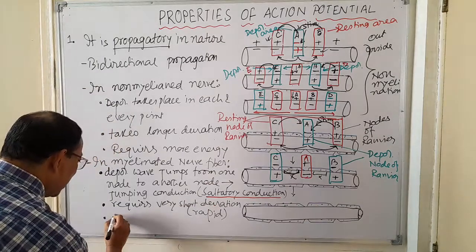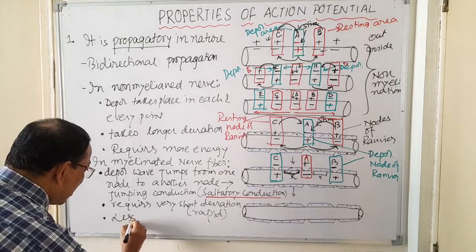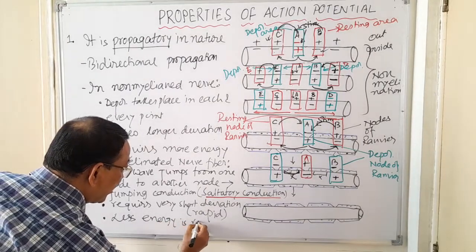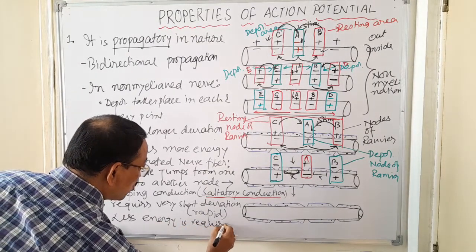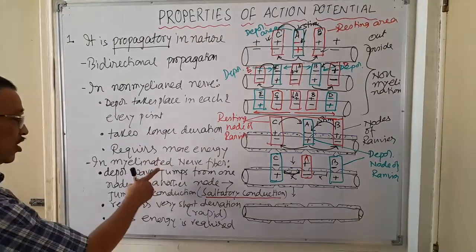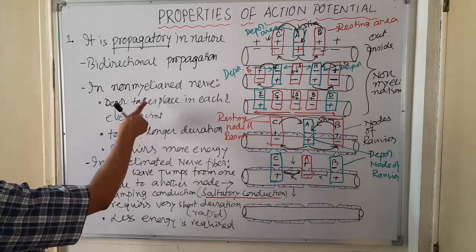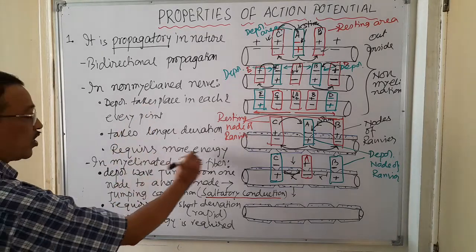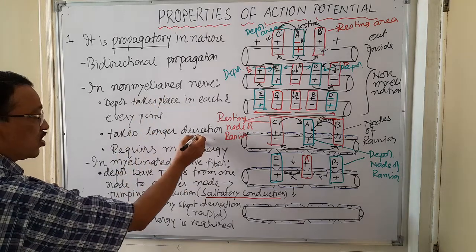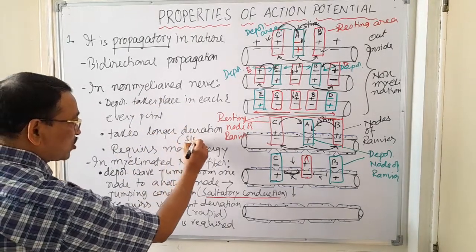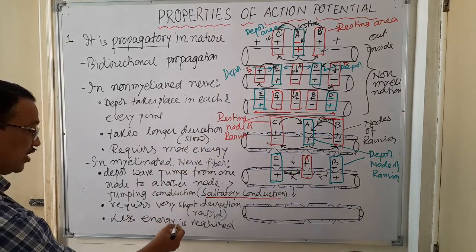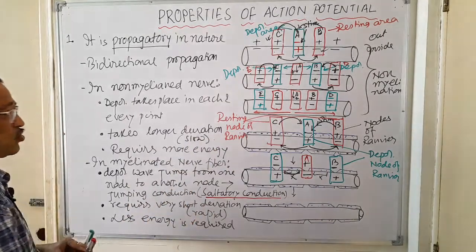In case of saltatory conduction, less energy is required. In case of myelinated nerve fibers, less energy. In case of non-myelinated nerve fibers, more energy, longer duration, it is a slow process. And in myelinated nerve fibers, it is a fast or rapid process.